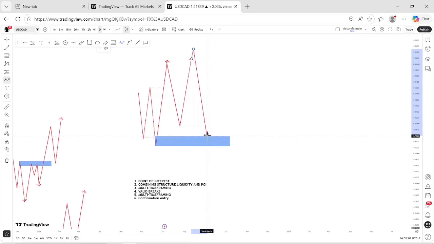Now you can either enter this setup with or without confirmation. With confirmation you have a higher chance of a higher win rate, but you tend to lose one or two entries. There are pros and cons, right? With confirmation you tend to miss some entries, but your win rate is higher.